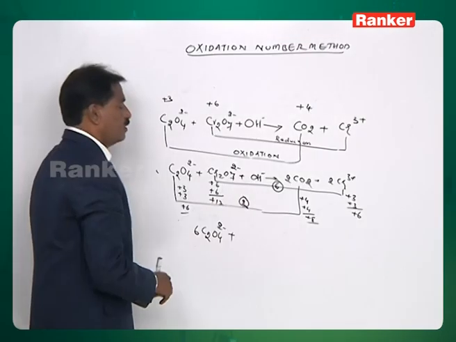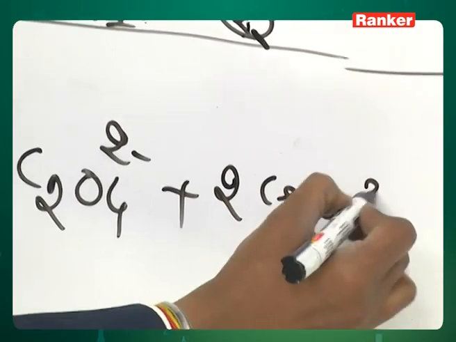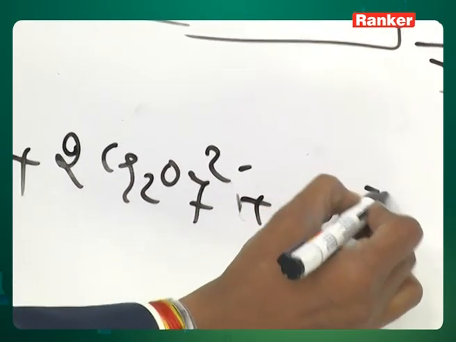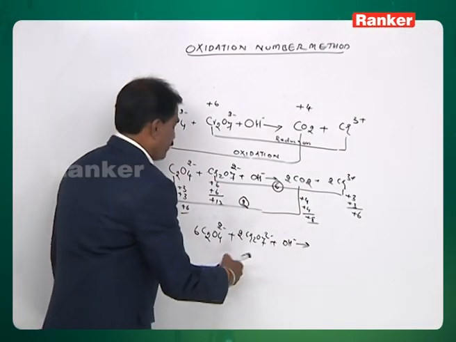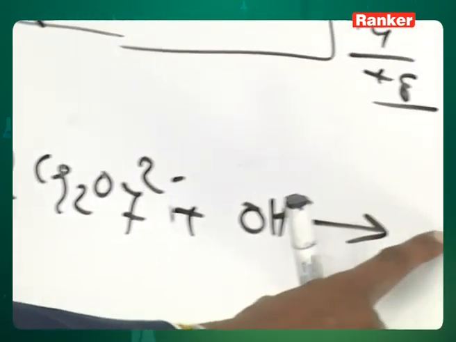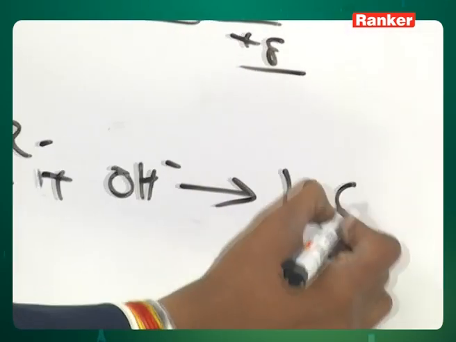Next here 2 Cr2O7 2- plus OH minus. Next, here we have kept the 6. Therefore, this side also we have to equalize the carbon number. 6 means total 12 carbons. Therefore, directly put the 12 carbons.